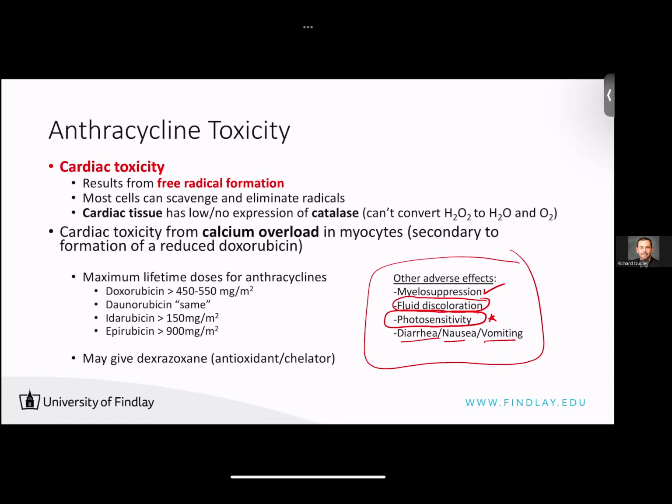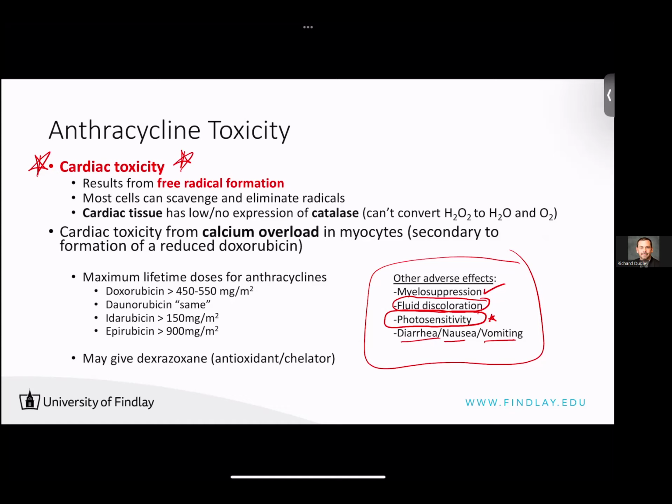So those are some of the usual and customary adverse effects that you would see with anthracyclines. However, the more concerning adverse effects are related to the heart and the cardiovascular or cardiac toxicities. The majority of the cardiac toxicities seen in patients receiving anthracyclines stems from the drug's ability to generate free radical formation.